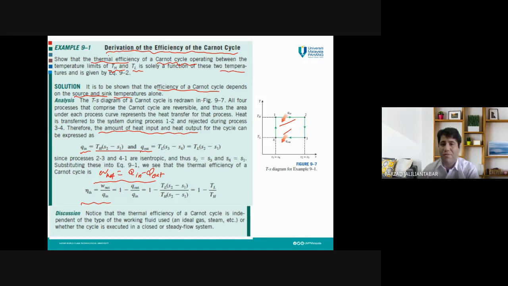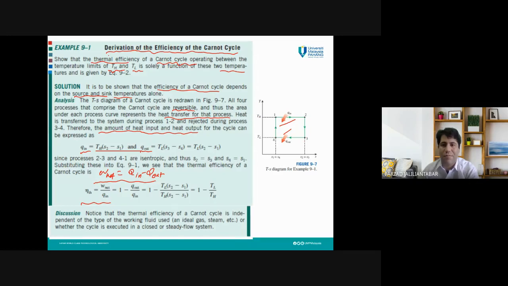The TS diagram of the Carnot cycle is shown here. All four processes that comprise the Carnot cycle are reversible, and thus the area under each process curve represents the heat transfer for that process. The area under the process from state 1 to state 2 gives Q in, from 3 to 4 gives Q out, and the area under the process from state 4 to state 1 is 0, and from state 2 to state 3 is 0.